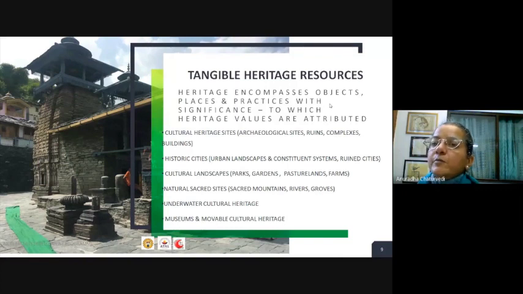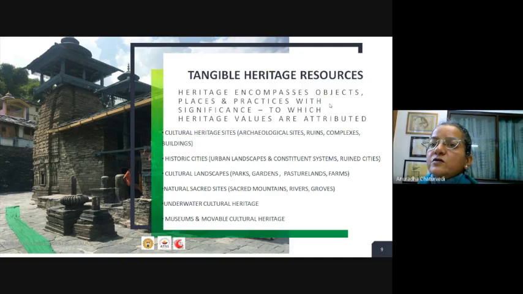For example, Hampi, a very significant historic center. Then the tangible heritage resources, which have a very significant component of the intangible associated with them, are the cultural landscapes category. This category includes parks, gardens. It also includes pasture lands, farms, agrarian landscapes.